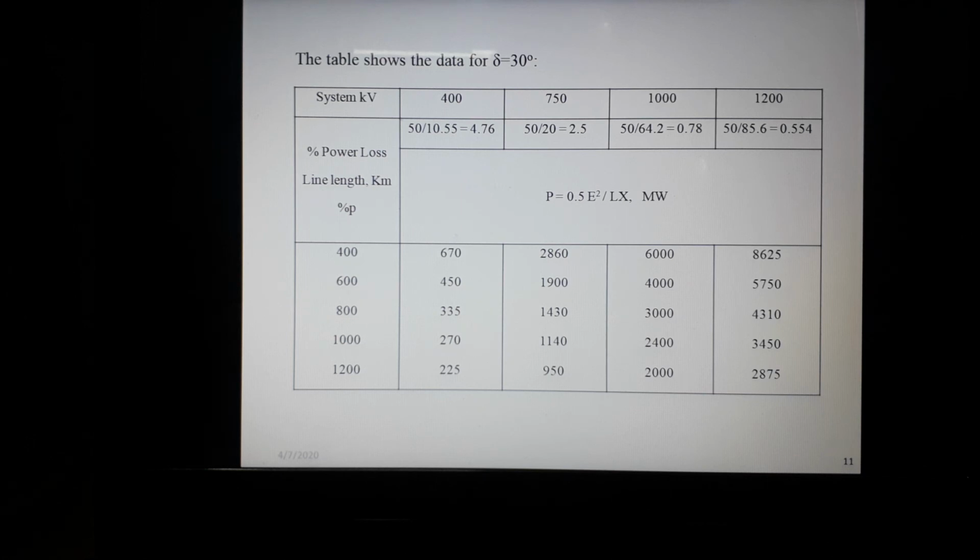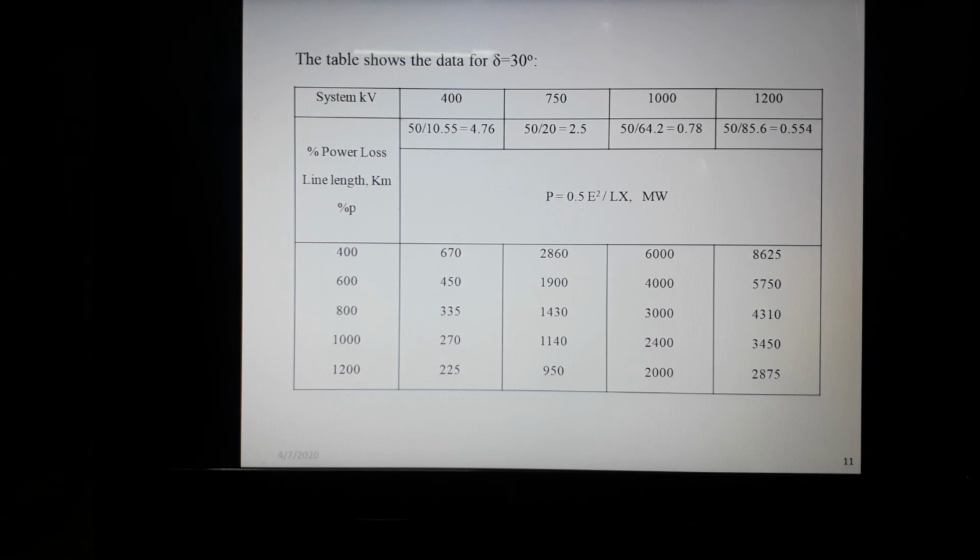As the line length is increased, 400 kilometers, 600, 800, so for the 400 kV system voltage, the power handling capacity is going to reduce with increasing length of the transmission line. It is similar for 750 kV also, 2860, 1900.